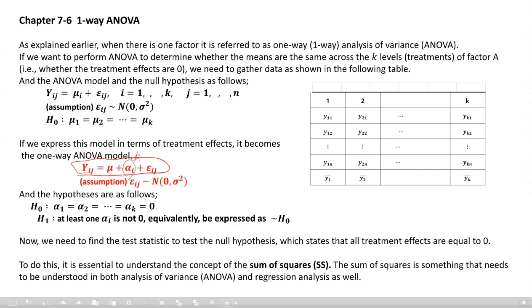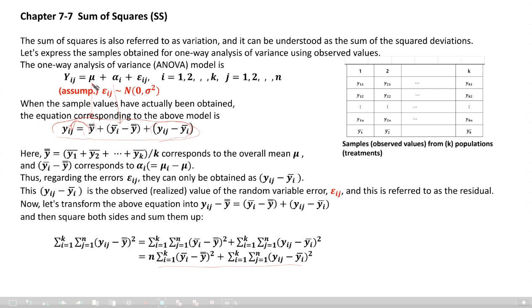Y double bar here is the mean of total samples. So Y double bar is the estimate of mu. Alpha i can be estimated by yi bar minus Y double bar.